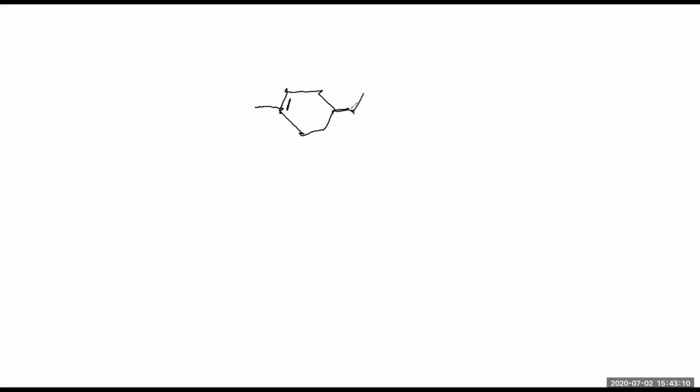So this is a compound called limonene. We can determine whether each carbon is primary, secondary, tertiary, or quaternary.